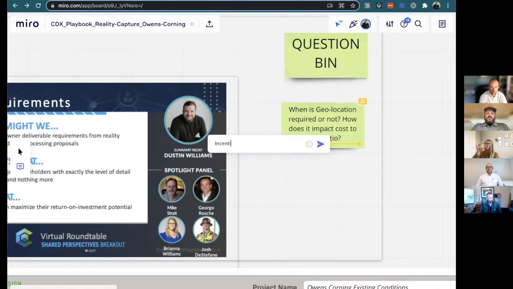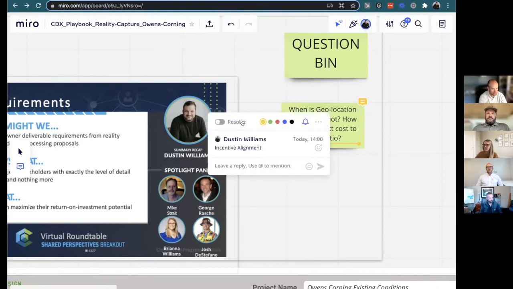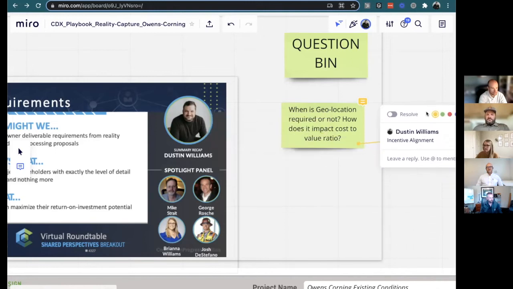Geospatial for us, I just have to say, from an Owens Corning standpoint, a building to me is there to keep rain off of my equipment. I really don't care about the building. And so when we start thinking that way, geo-referencing to coordinates like that doesn't add a lot of value to us.